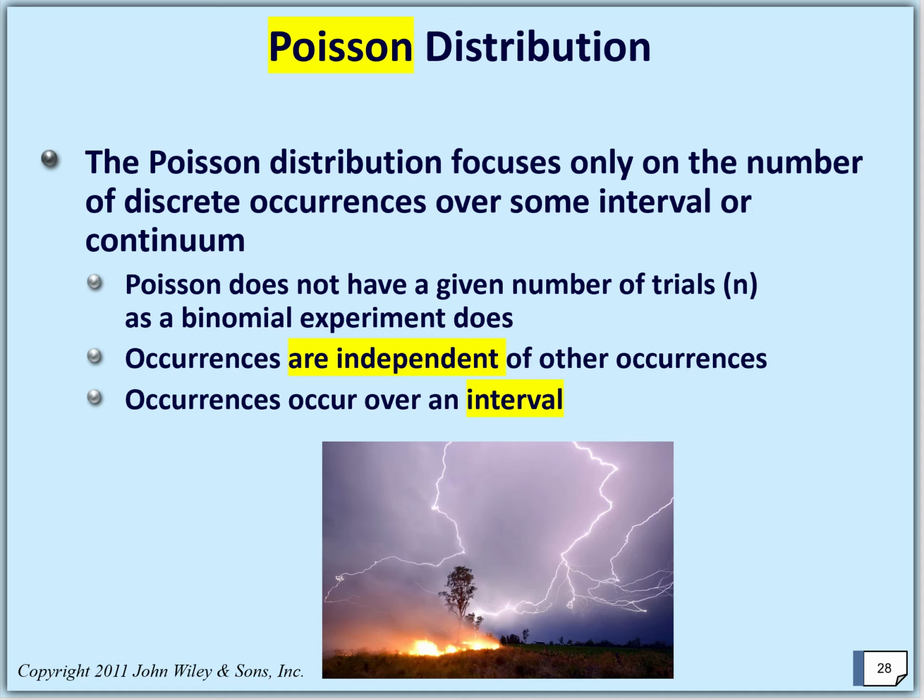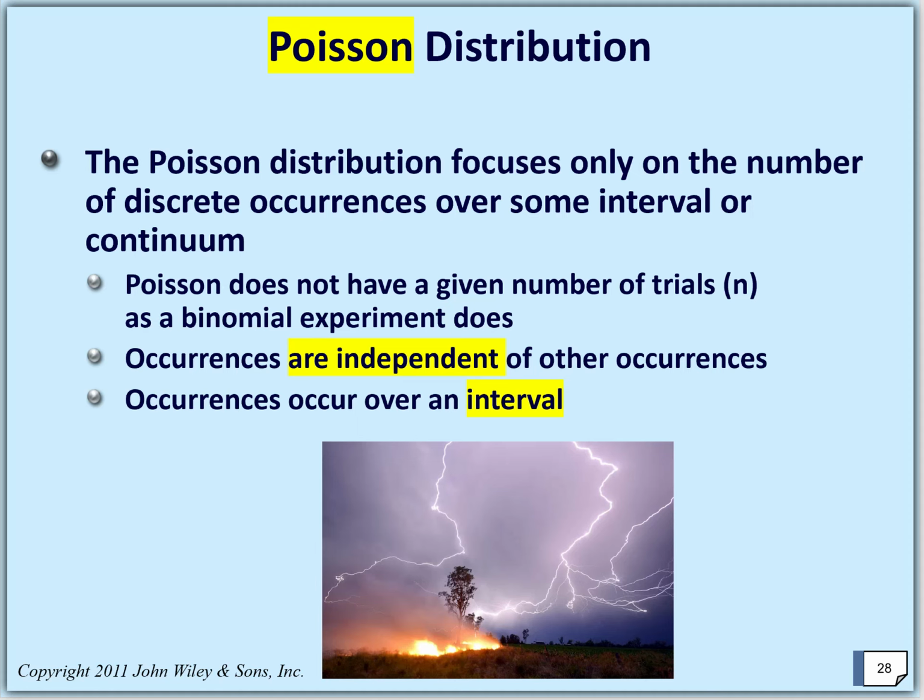It focuses only on the number of discrete occurrences over a specific interval of time or length. So Poisson does not have a given number of trials as a binomial experiment does. Occurrences are independent of each other. Again, occurrences are independent. And they occur over an interval. So you choose an interval.